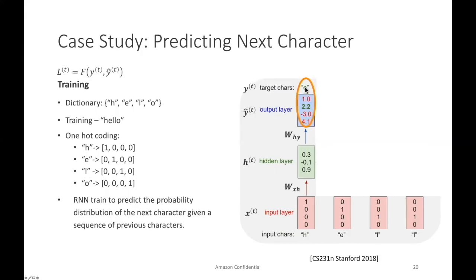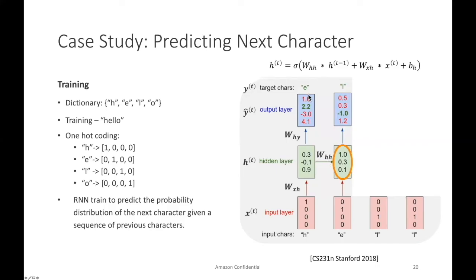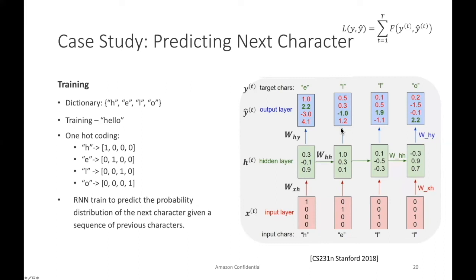Now this next character will be fed along with the hidden state into the network again, right? So this E is fed through here into the network along with the hidden state, which Whh takes care of, and the hidden state multiplied by Whh comes here. Then that is used again in the same form as before, and that predicts the next letter. Something like this. And finally, the loss is whether I predicted each of these letters correctly, and that's the loss function here.